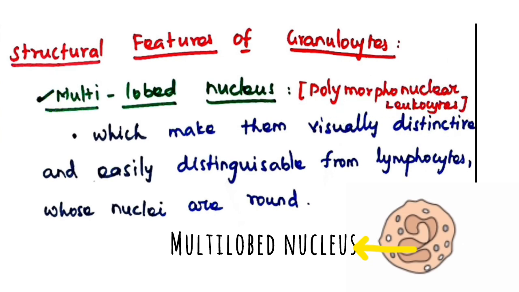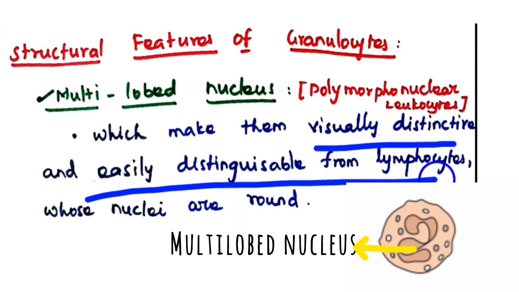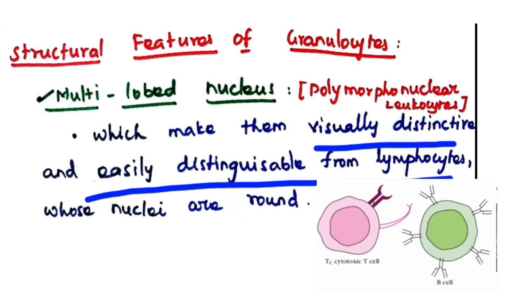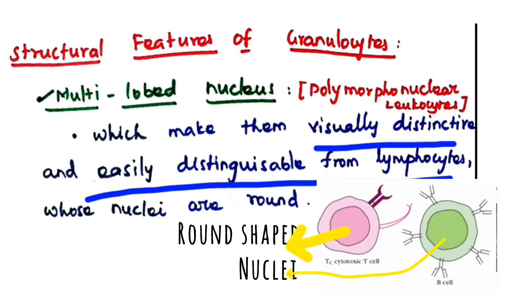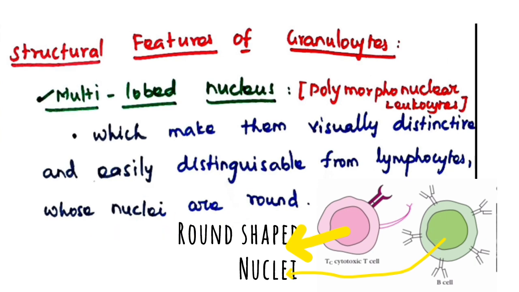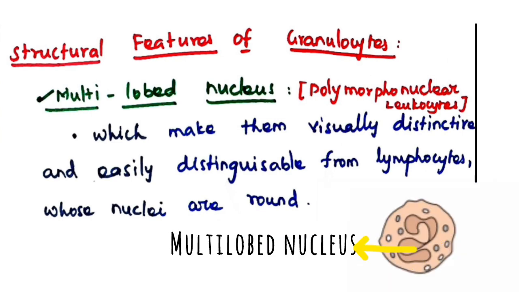This multi-lobed nucleus makes them visually distinctive and easily distinguishable from lymphocytes. Lymphocytes don't have a multi-lobed nucleus; their nuclei are round in shape, whereas granulocyte nuclei are multi-lobed. So these are also known as polymorphonuclear leukocytes.